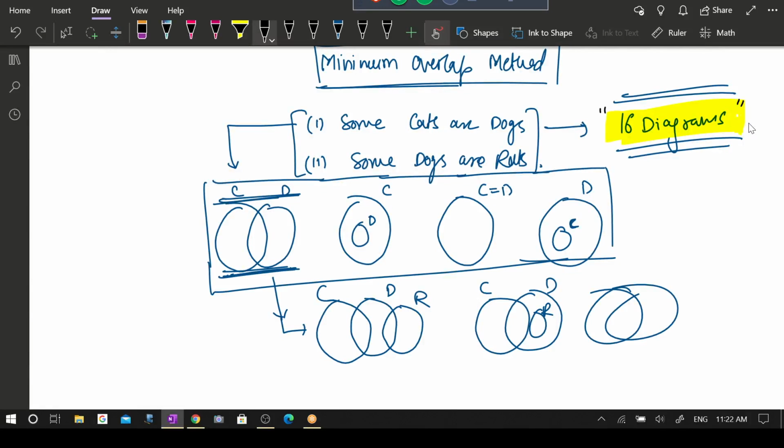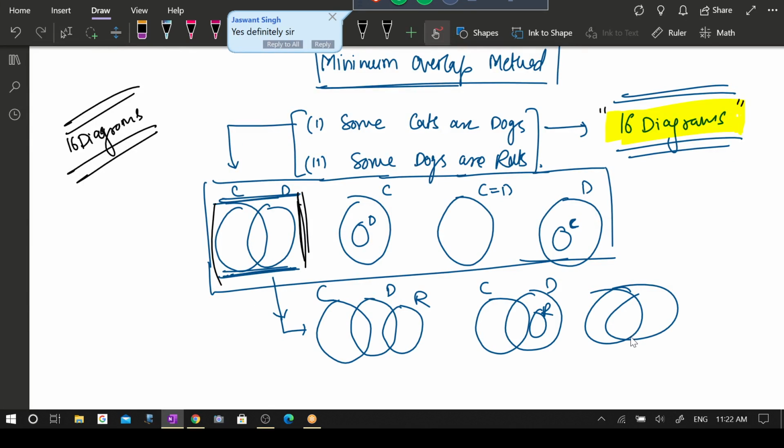You cannot draw 16 diagrams. Though you have to understand, there may be 16 diagrams, because every possibility of some cats are dogs will give you four possibilities of some dogs are rats, or maybe beyond that. So you realize this is something too big.